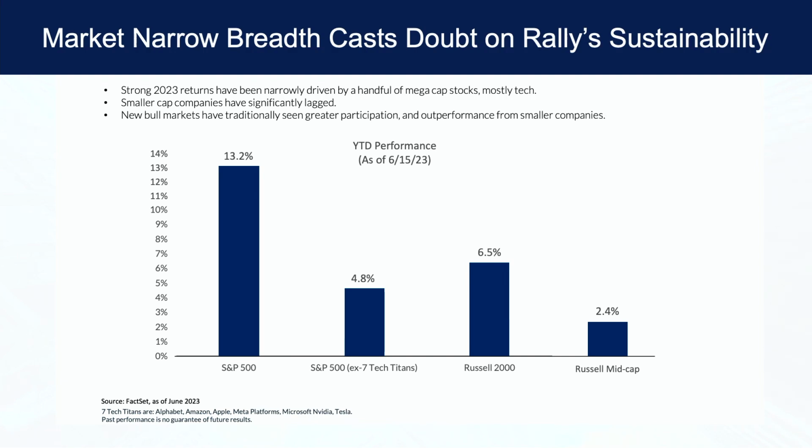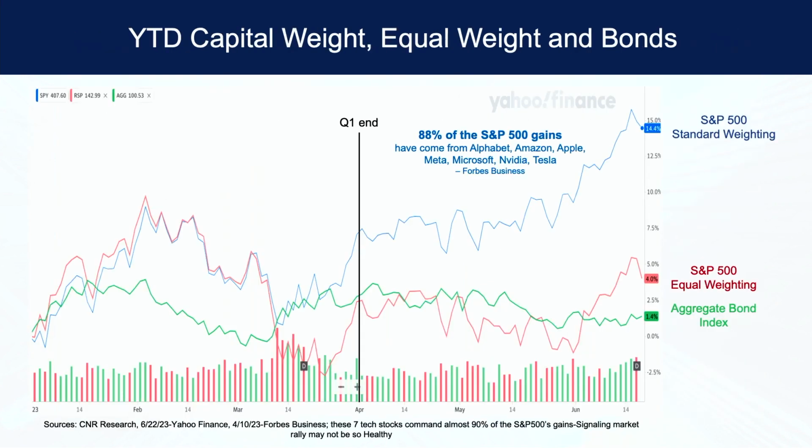So you can see the broader market is not really participating in what looks like a bull market for the S&P capital weighted index. Now, let's look at it a different way. Year to date, 88% of the S&P 500 gains are coming from Alphabet, which is Google, Amazon, Apple, Meta, Microsoft, NVIDIA, and Tesla.